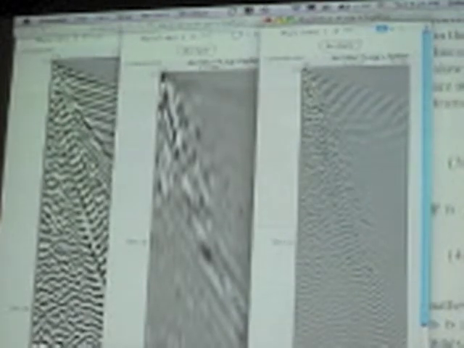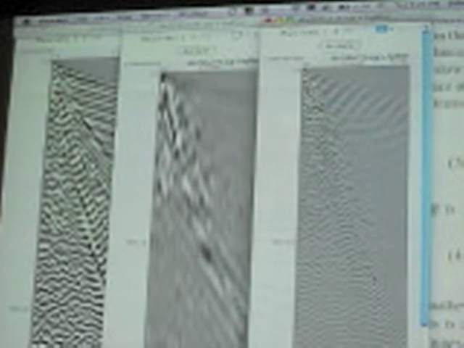From negative going up to positive, I'm following a certain slope, a certain velocity. So if I make those picks in the low frequency version, and then I make them in the high frequency version.